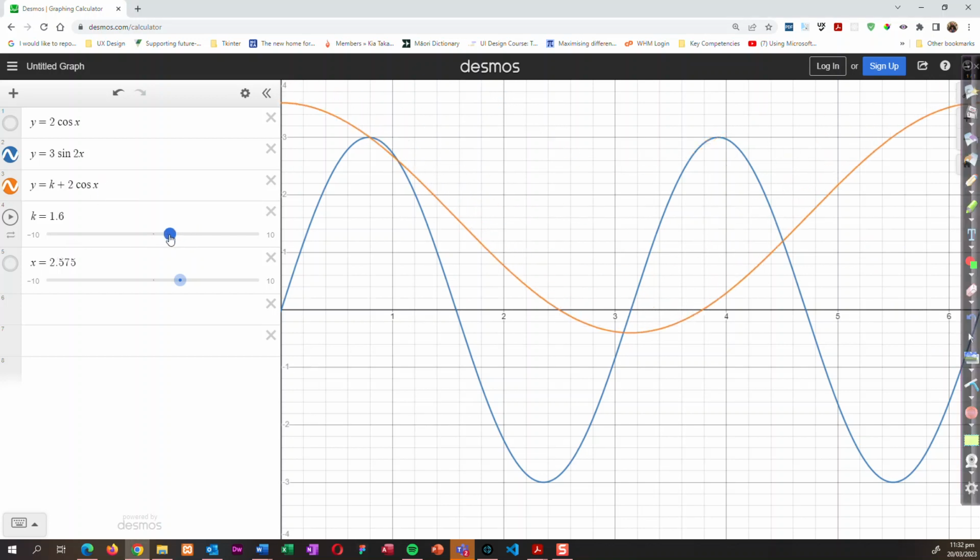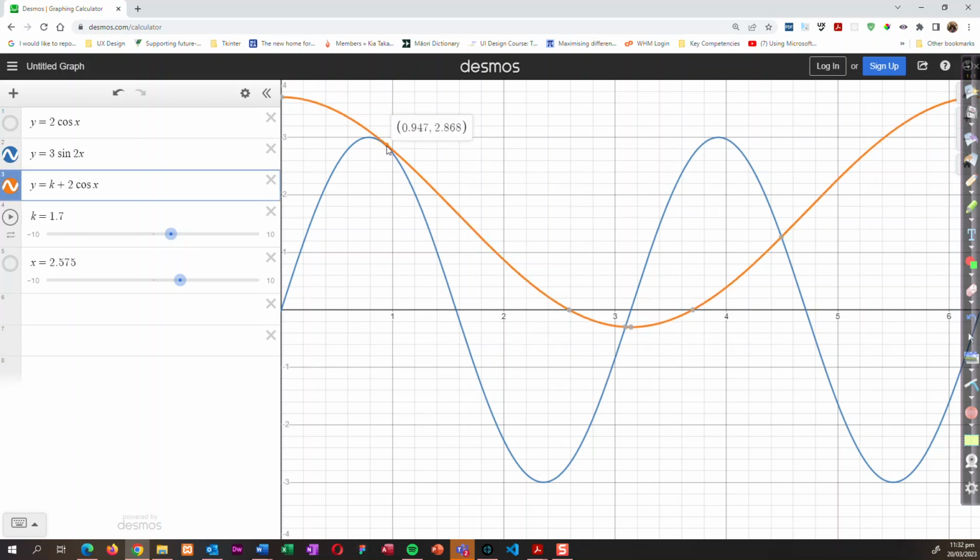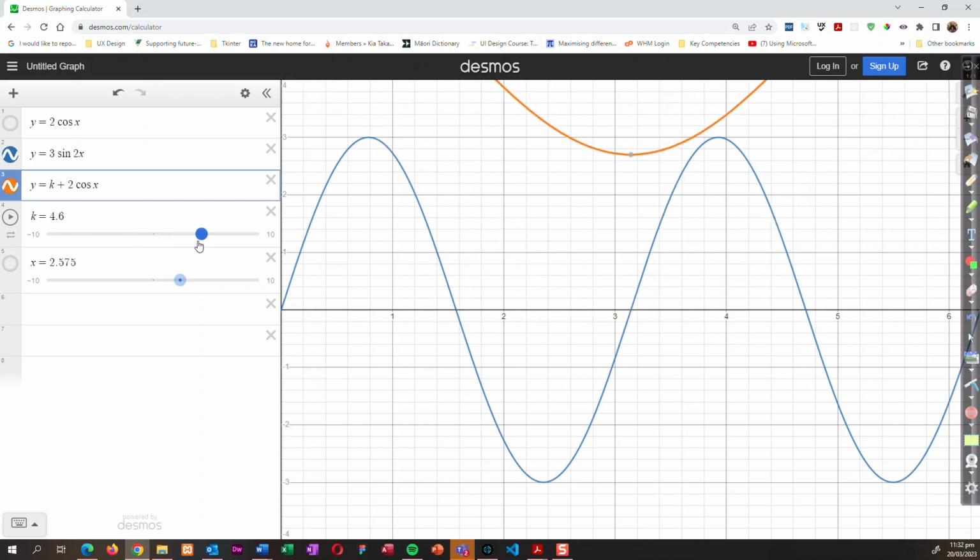Just want to point out one other thing. This is when this x value here is around about 0.9, so roughly there. And the other x value I'm going to focus on here for a moment is this one here, which is roughly 3.8. Now, if you look back at your answers for A, you've actually got those two numbers already.